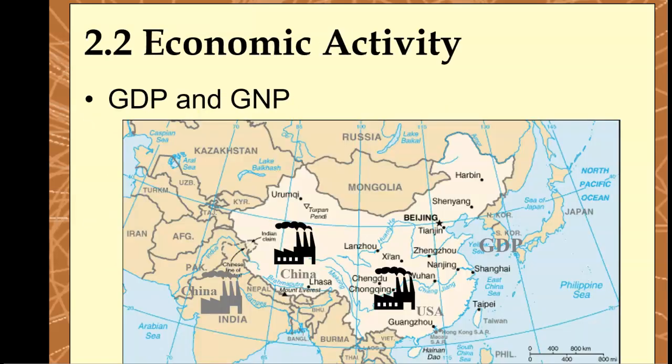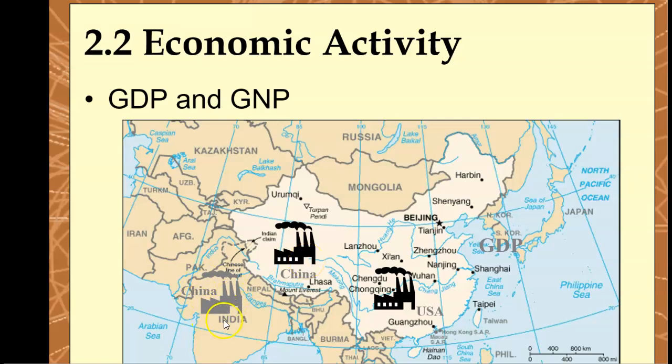So let me give you an example. Let's look at the GDP for China. So here's China, and I've got three factories producing output. This factory in China is owned by a US citizen. This factory in China is owned by a Chinese national.